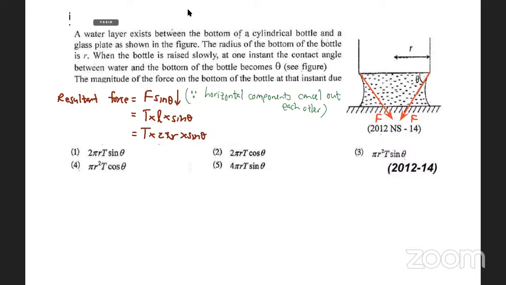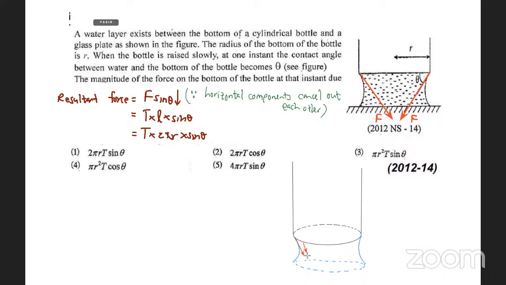If you want me to draw the diagram a bit more elaborately, we are looking at a diagram like this: a bottle, which is kept like this. This is how the bottle is kept, and we have a water surface which is created at the bottom like this. There is going to be a force which acts along this line.